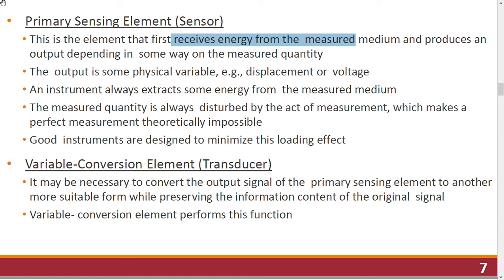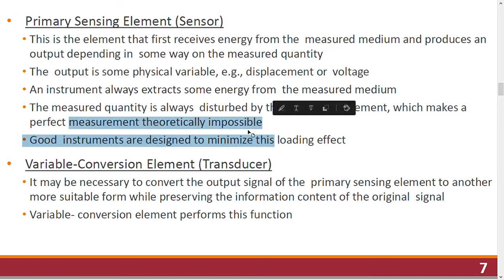So these primary sensing elements extract a small quantity of power from the measured quantity, and this makes perfect measurement impossible. So that is the primary sensing element or the sensor.